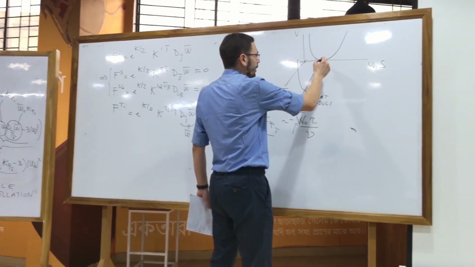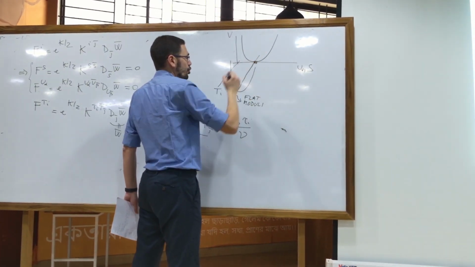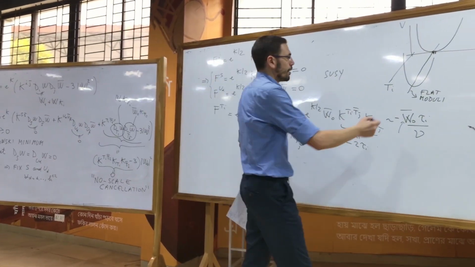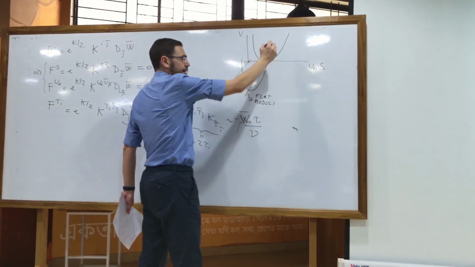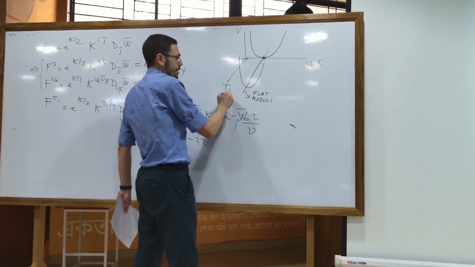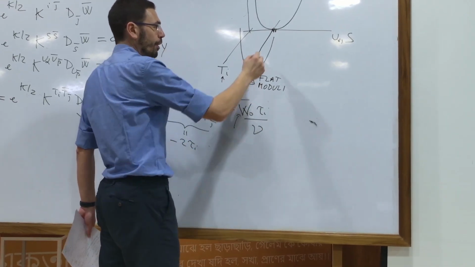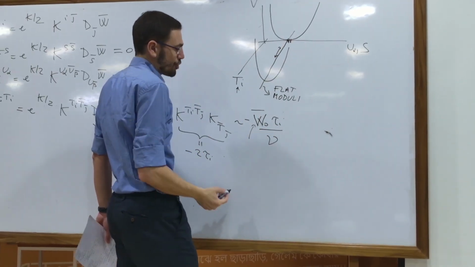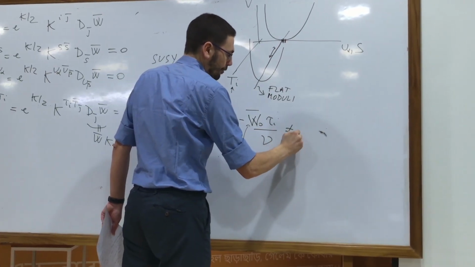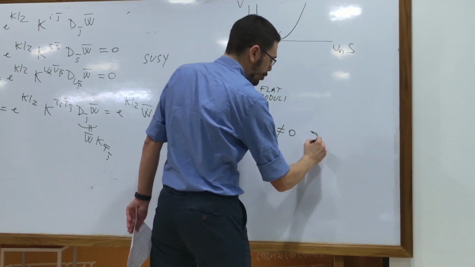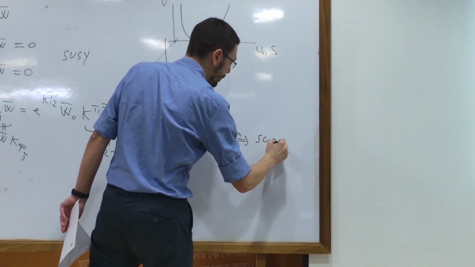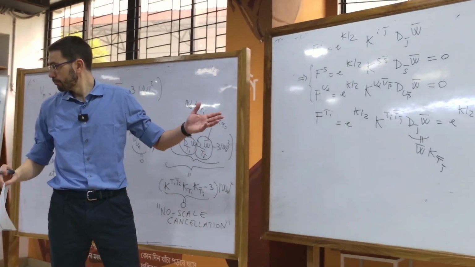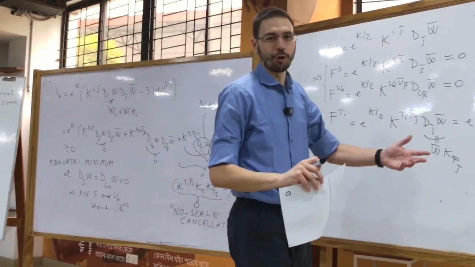But in general, you see that this goes back to the lack of predictability that I was mentioning yesterday. We don't know what is the value of each of these T_i. So we don't know what is the value of the volume, because this is a flat direction. So it can be anywhere. So you expect in general that this is different from 0. Which means that you have a supersymmetry breaking Minkowski vacuum, which is perfect actually, because this is what we see in nature.